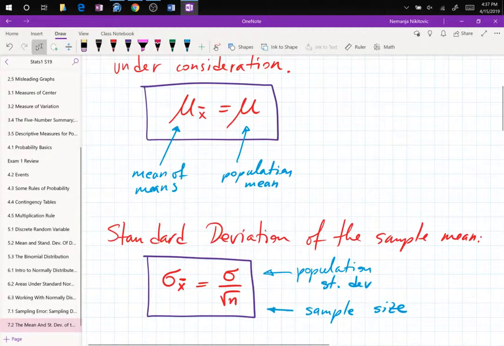So these calculations here, no one does this, no one cares about it, right? The trick is that we get to flip these formulas later, and use them to predict the population values, because in general you don't have the mean and standard deviation of the population, and that's the thing that we want to know.